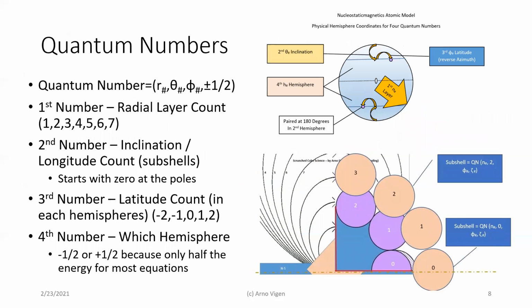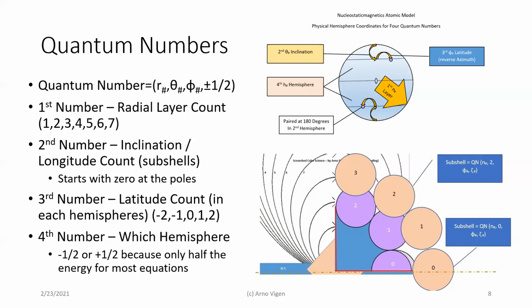So this gets you finally to quantum numbers. Quantum numbers are the physical hemispherical coordinate systems of 4 quantum numbers describing the 3D engineering, the geometry of those shells. The 2 end cap rings.